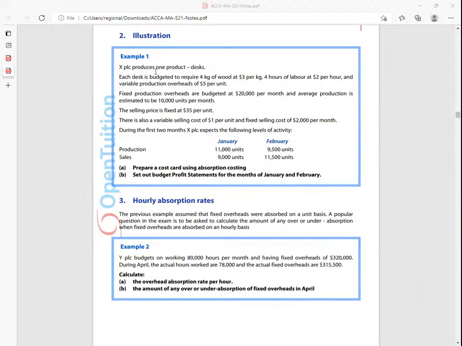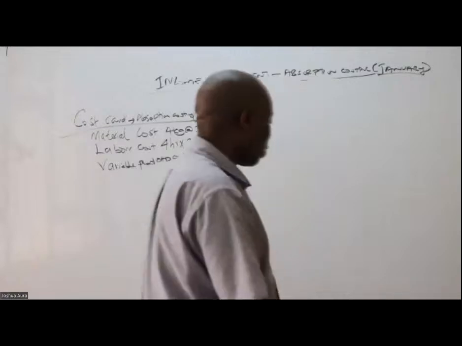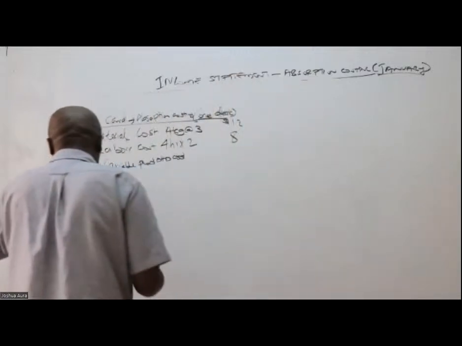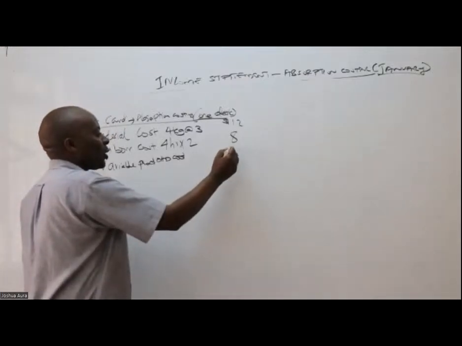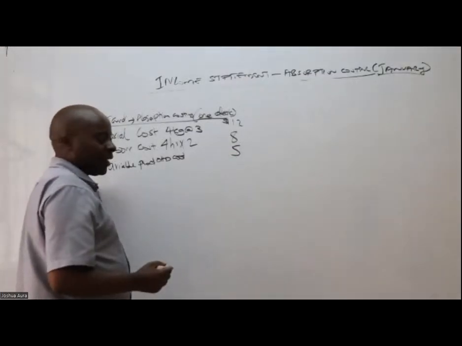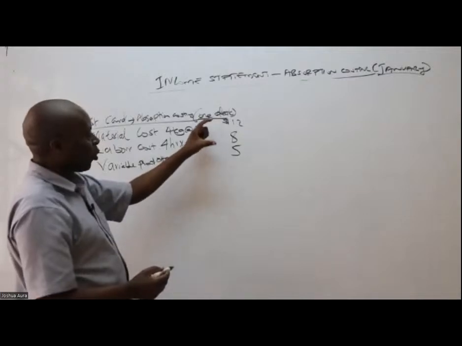It's 5 per unit. Variable production overhead is 5 per unit. It's a production cost, so it has to come into costing.